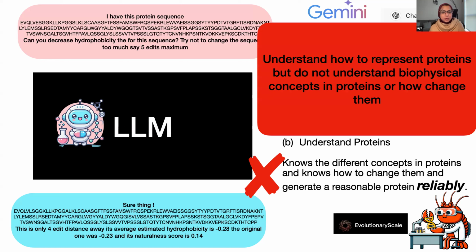But with these protein language models, they understand how to represent a protein, but what they do not understand are the biophysical concepts of a protein, and how to change these concepts to make a new protein. So that's where they lack, and this is what we will be trying to fix in this work.